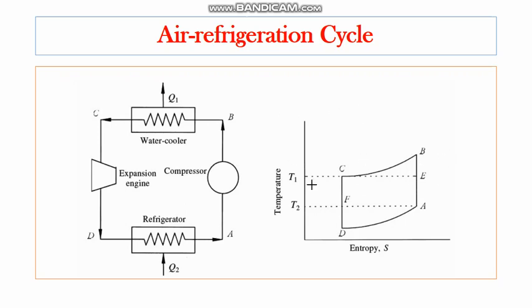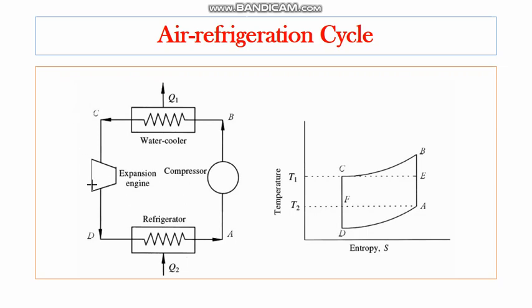Here the temperature is decreasing and entropy is also decreasing. From there, it goes to the expansion engine. I told you it is a throttling process, so in some places it is called an expansion engine also. In the animation you have seen the throttling process, but in the line diagram it is given as the expansion engine.